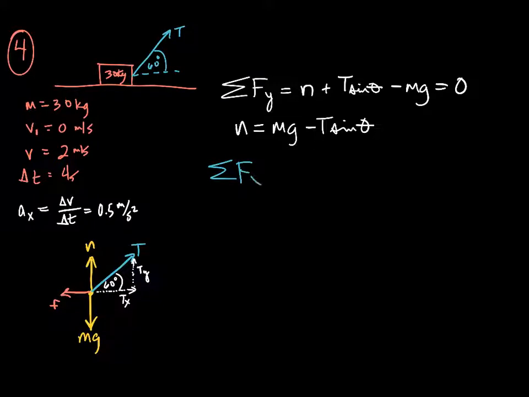Then we sum the other direction, the x forces. Well, there's one force to the right, that's a positive force. So T cosine theta, because it's adjacent to the angle of that tension, minus the friction force. And that has to equal ma in the x direction, because we are accelerating in the x direction.